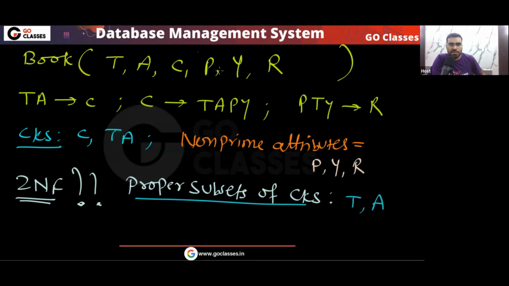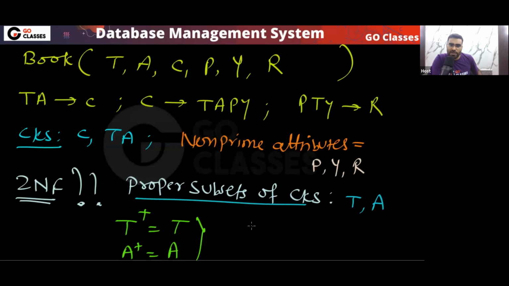T closure will be T only. A closure will be A only. So T cannot determine a non-prime attribute, and A cannot determine a non-prime attribute.